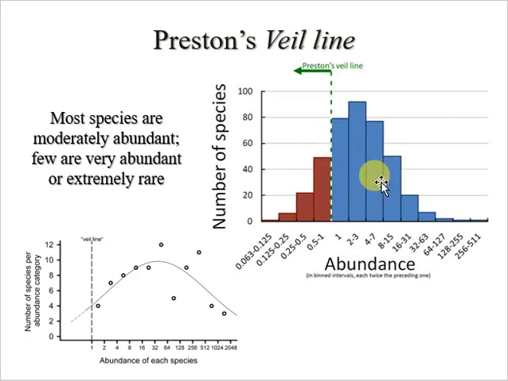So in general, the entire distribution is shifted, right? Your veil line is shifted to the left, which causes the entire distribution of the observed abundance values to be shifted to the right. You get more of this right-tailed skew.